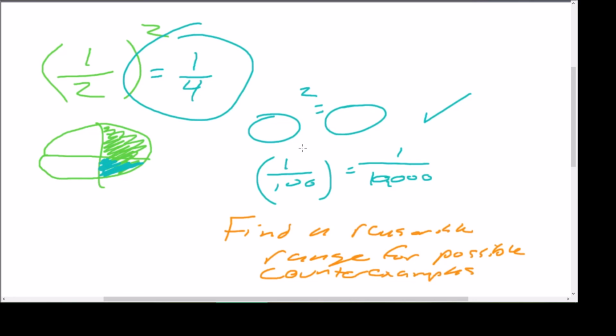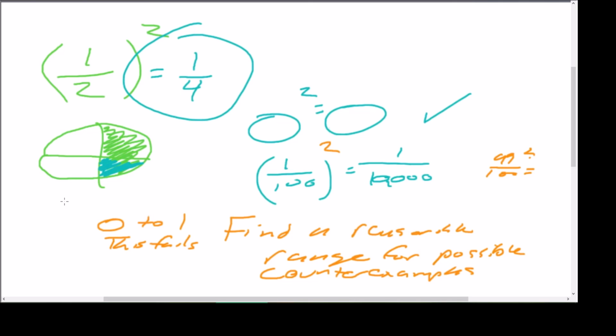And a reasonable range here, you can show me that 1/100 squared is 1/10,000, and 99/100 squared, whatever it is, you'll end up with a smaller number still. And that's exactly what I would want to see. You can say it looks like from 0 to 1, this fails.